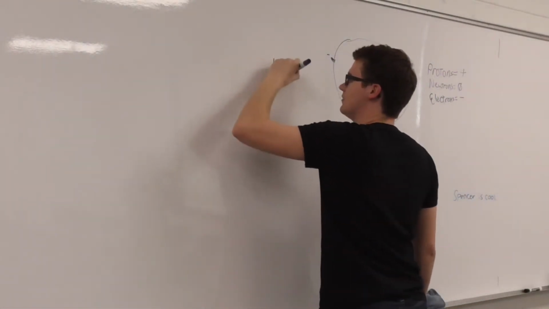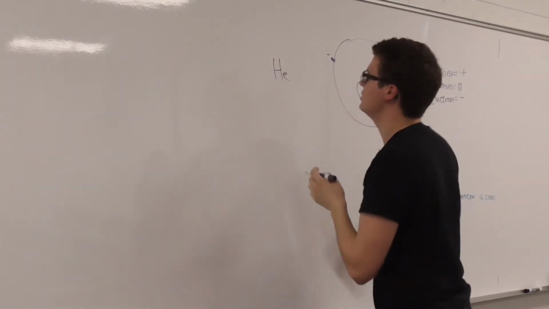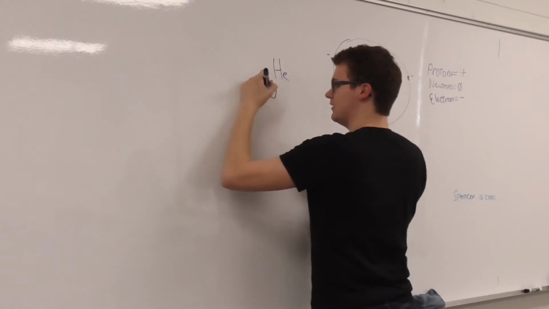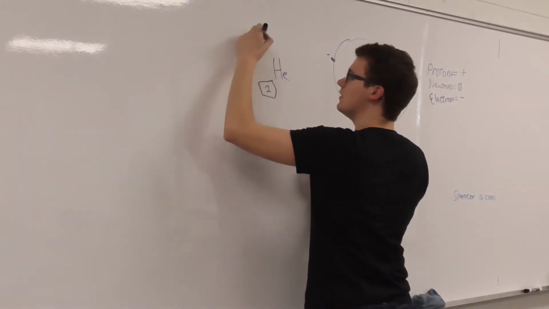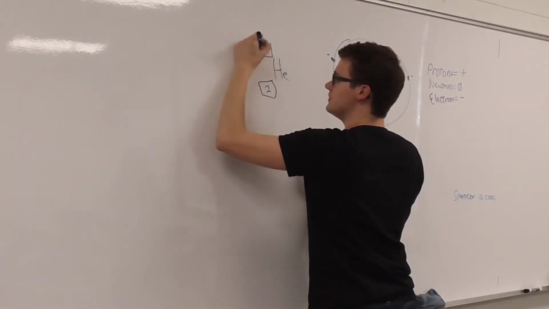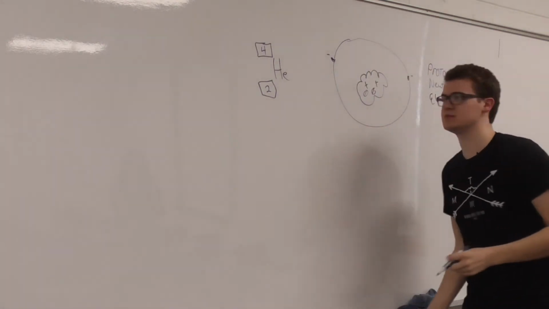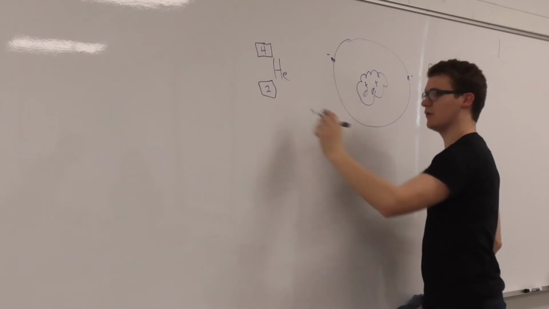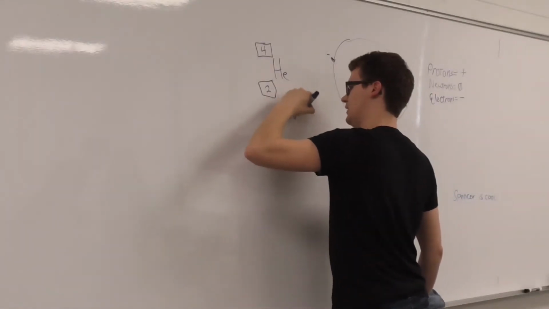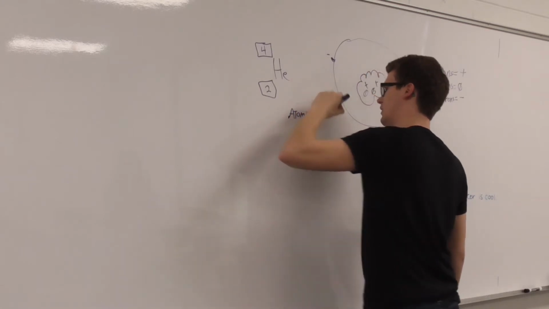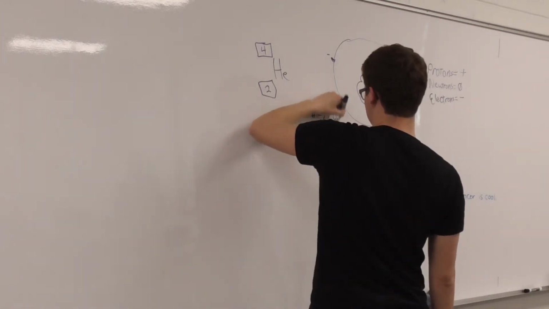When writing it in symbol form, or in shorthand, you'd have a helium. The atomic number would fit here. In our case, that was 2. And the atomic mass fits up here, and that would be 4. But how do we use this, and what do these things mean? Our atomic number is the number of protons.